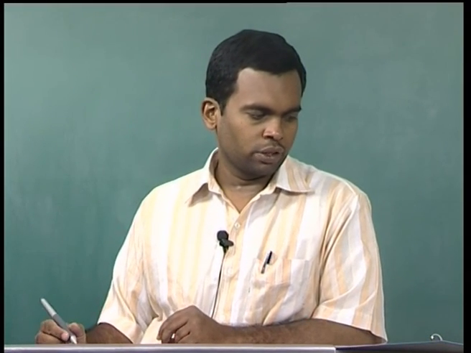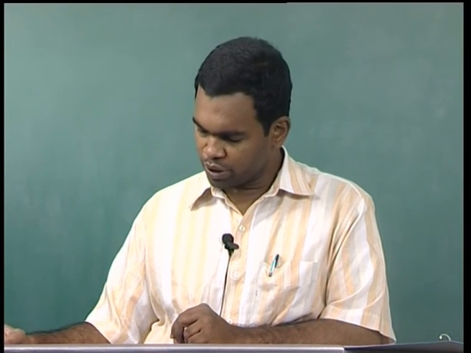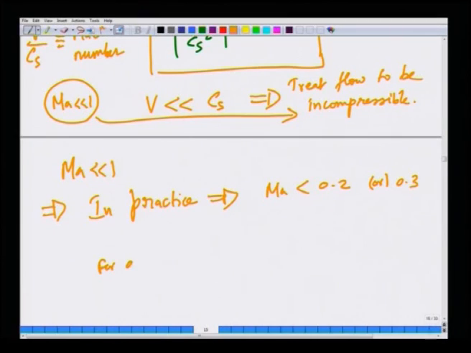Okay. So, since we know that for air the speed of sound at room temperature is 330 meter per second, therefore, the flow of air can be thought to be incompressible.